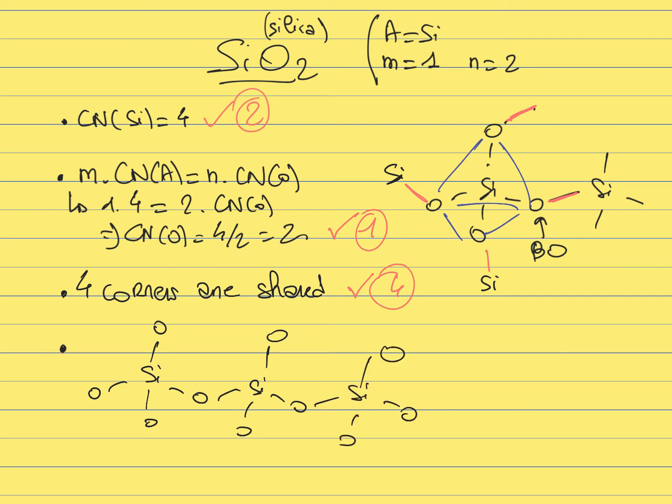You can always draw this structure in a way that each silicon will share at most 1 oxygen in common, but will never share more than 1 oxygen. You will never have to draw the structure in a way that it's going to share 2 oxygen or 3 oxygen. So in that case, it means that you can draw a structure that comprises only corner sharing units.